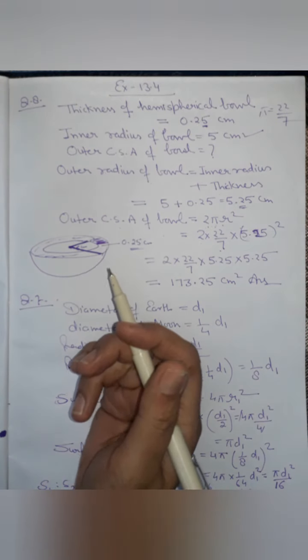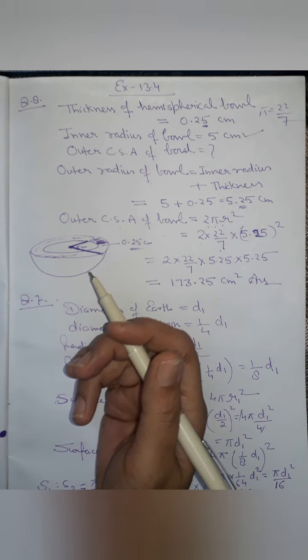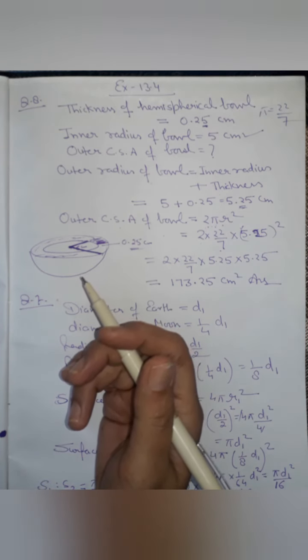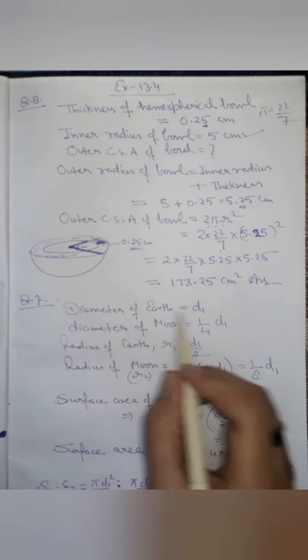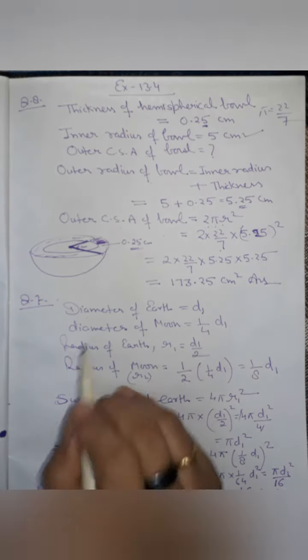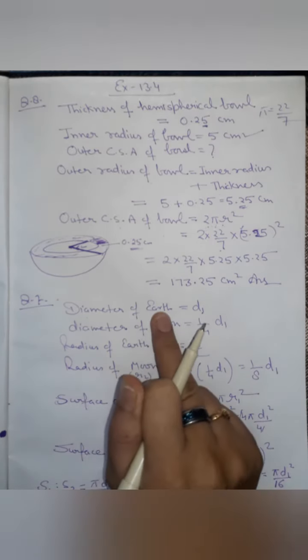Now see one more example. Question number 7. The diameter of moon is approximately 1/4 of diameter of earth. Find the ratio of their surfaces. Let's take diameter of earth is d1. It is given in the question that diameter of moon is 1/4 of diameter of earth.